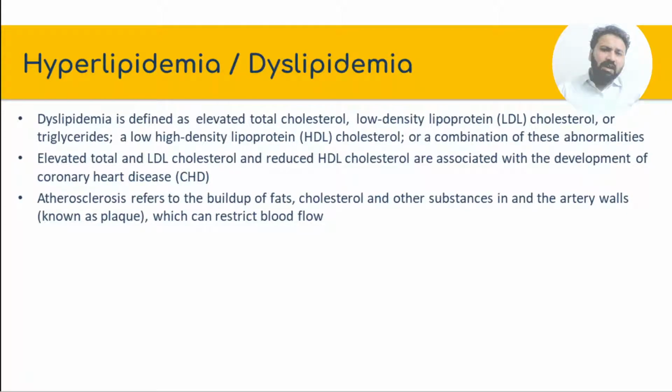Hyperlipoproteinemia describes an increased concentration of the lipoprotein molecules that transport the lipid in the plasma. And if an abnormality of the plasma lipid occurs, it results in a predisposition to coronary artery disease, cerebral vascular disease, and peripheral vascular arterial disease.